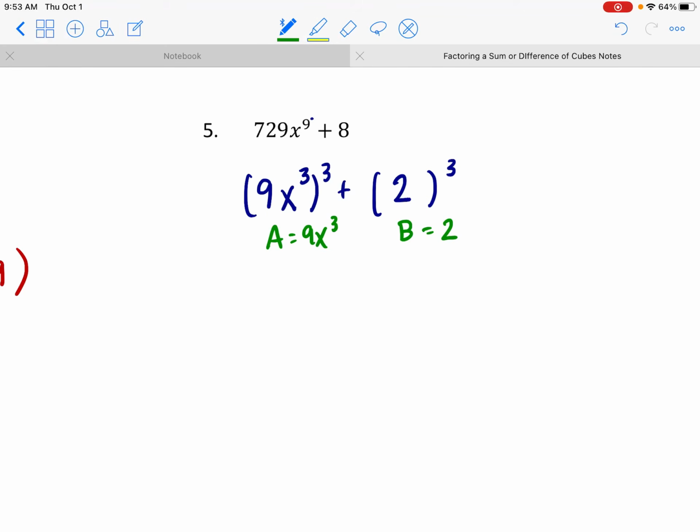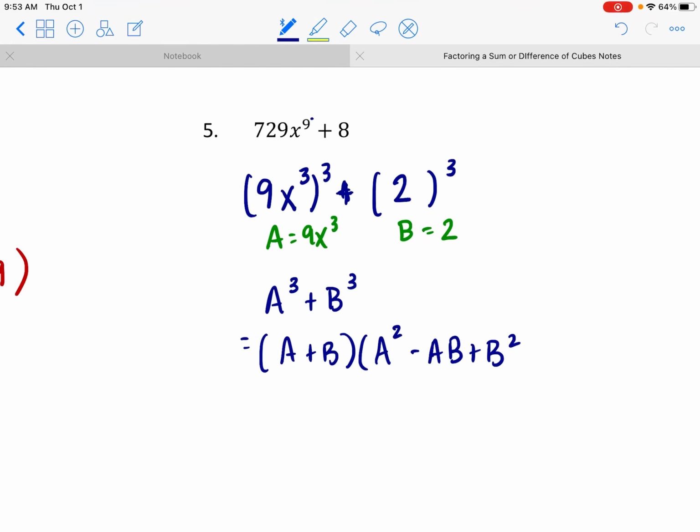So my formula says that a cubed plus b cubed, that's what I have here, something cubed plus something cubed, is going to factor into a plus b, and then a squared minus ab, and then plus b squared.